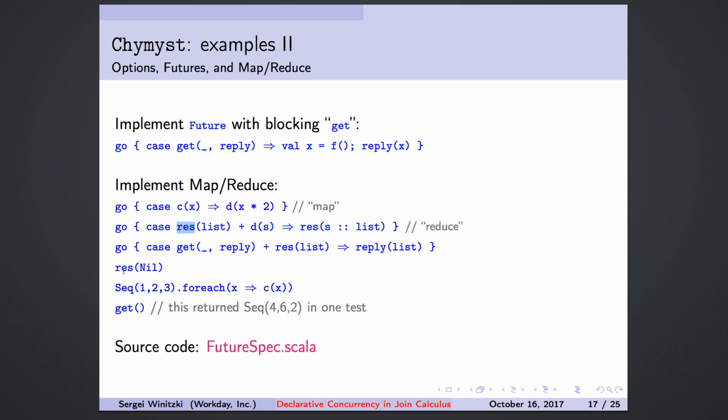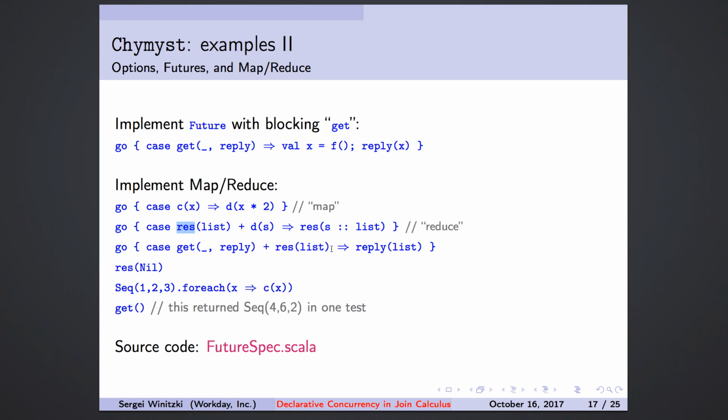So I initially will emit the res with empty list, and then I get the result. So this is a third reaction which blocks until everything is done, or actually no, it blocks not until everything is done. It's just an illustration.